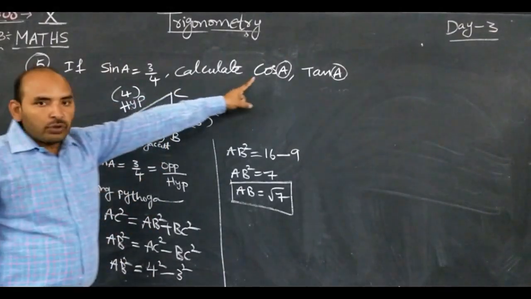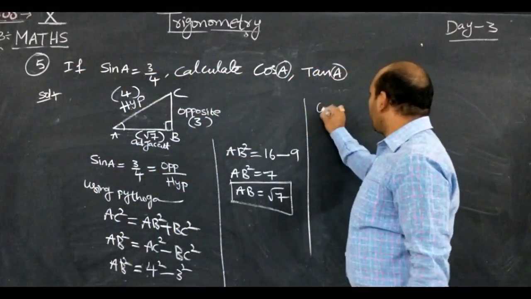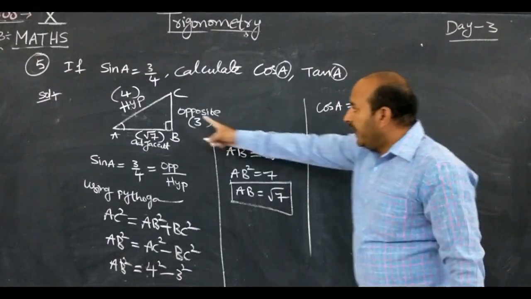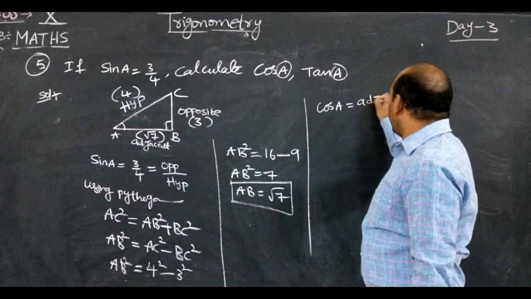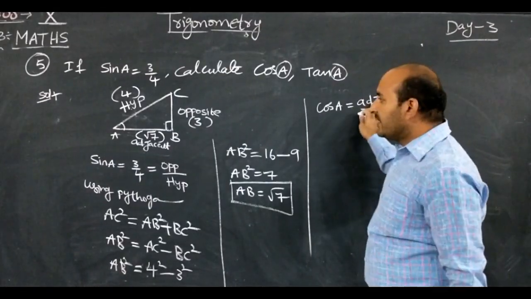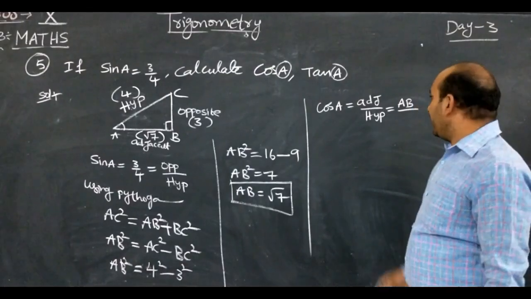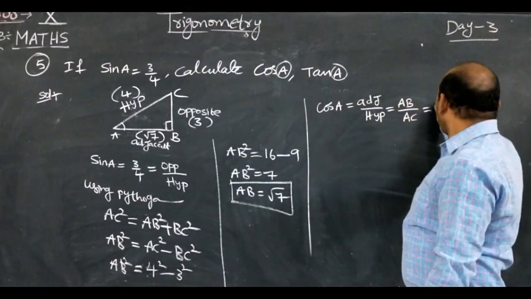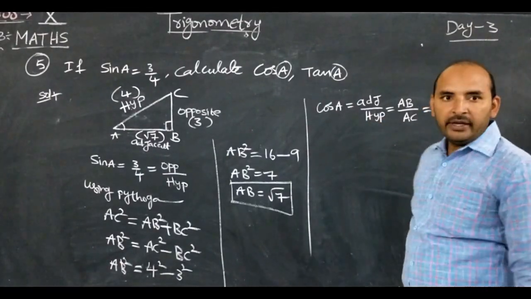Now find cos A and tan A. Cos A is equal to, according to the right angle triangle, adjacent side divided by hypotenuse, which is AB divided by AC. AB value is root 7, and the AC side value is 4. So cos A is root 7 by 4.